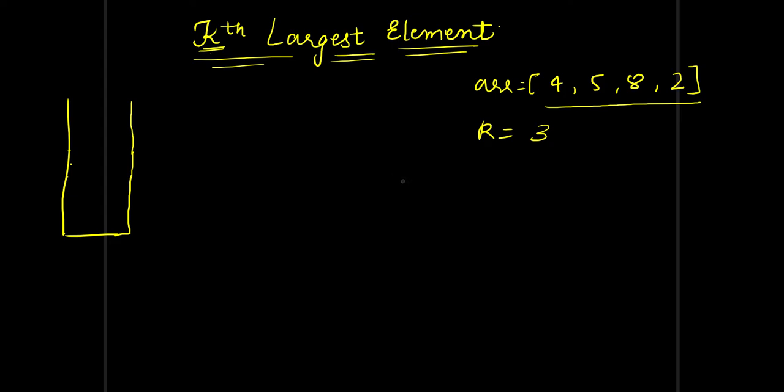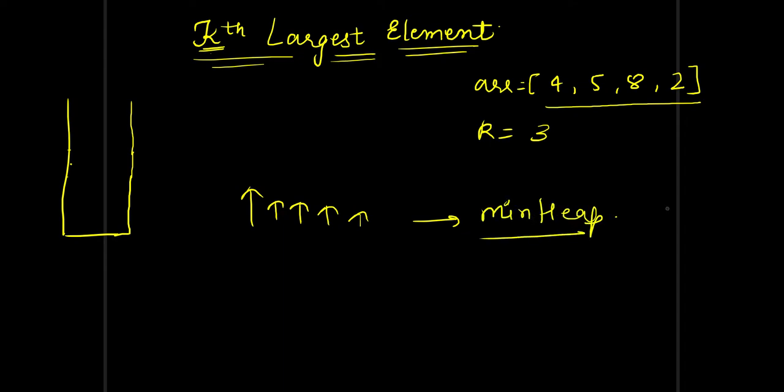Now you will say that we believe we have to use heaps or priority queues, but what type? Should we use a max heap or a min heap? I would say that if somebody is asking about the larger element, or the increasing part, you can try with a min heap. I'm not saying 100% that it will work, but it will work more than 60% of the time.